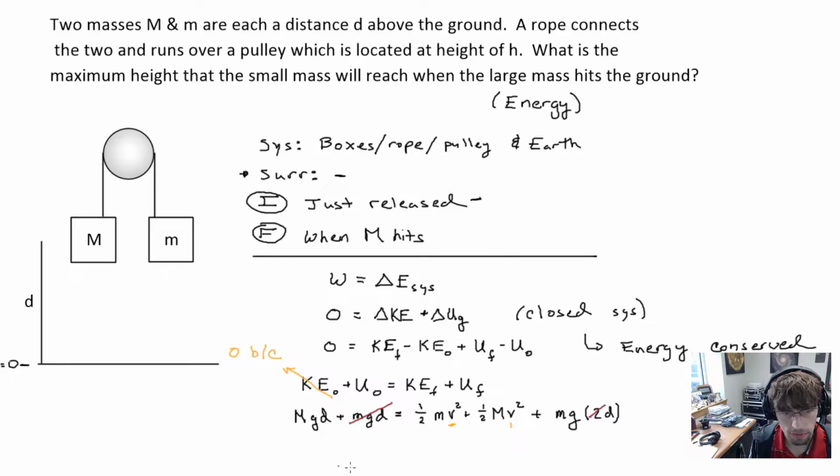And doing a little bit of algebraic manipulation, we get big M minus little m times the quantity gd, with a 2 in front, over big M plus little m. This will be equal to v squared.